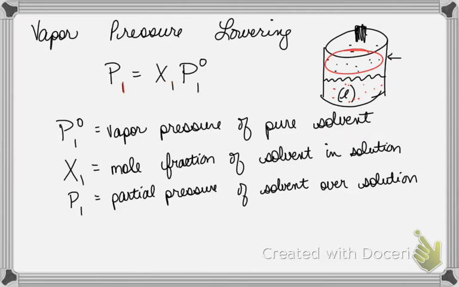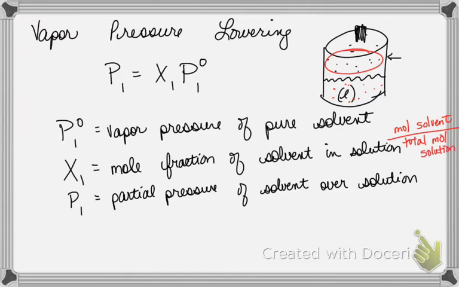Mole fraction is kind of a new thing. We haven't talked about a mole fraction. It's the mole fraction of the solvent in the solution. So to calculate that, what you will do is take the moles of just the solvent, and you're going to divide that by the total moles of the whole solution.